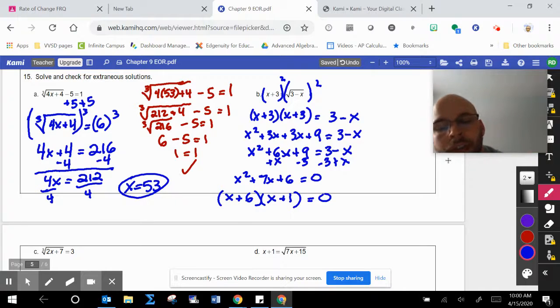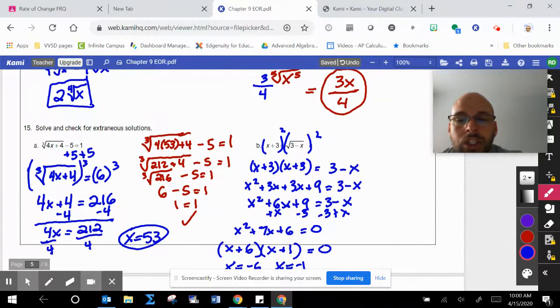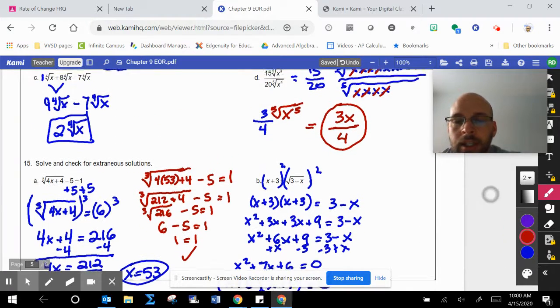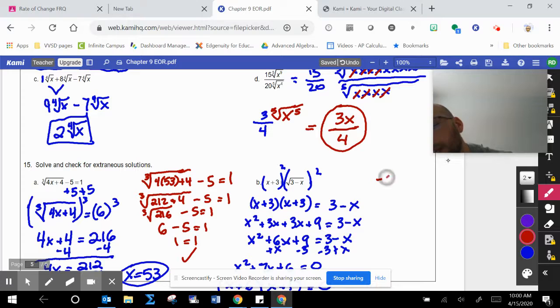And if you solve that, I think we can all get on the same page here that my two solutions are going to be -6 and -1. Now, I should say preliminary solutions because we need to check those answers, right? So I'm going to start by checking -6. If I take -6 plus 3, I'm substituting into the original problem.